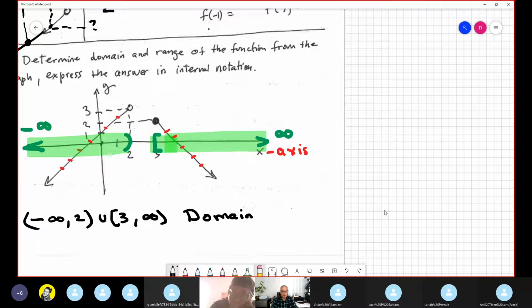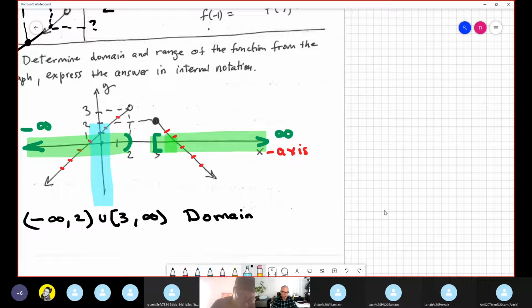Okay, projecting onto the x-axis. And the range is projecting onto the y-axis. Let's do it. Is there any point on the curve you project onto the y? I can see, because this line continues forever down to negative infinity.